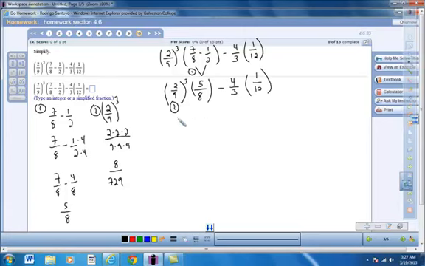So that's going to get replaced with 8 over 729. You can still keep that in parentheses if you want and rewrite everything else.